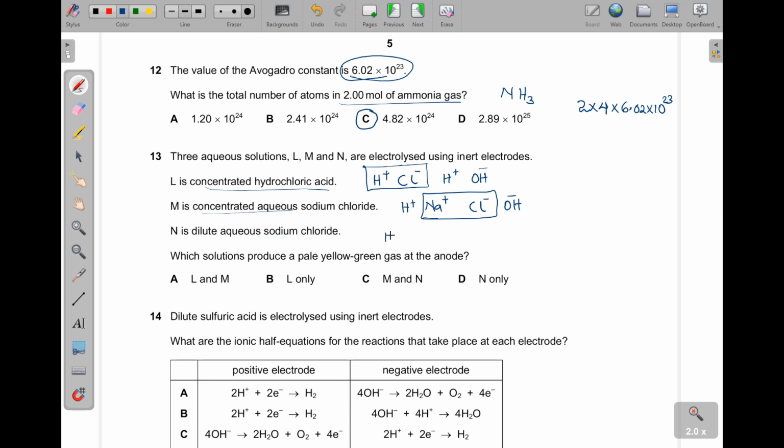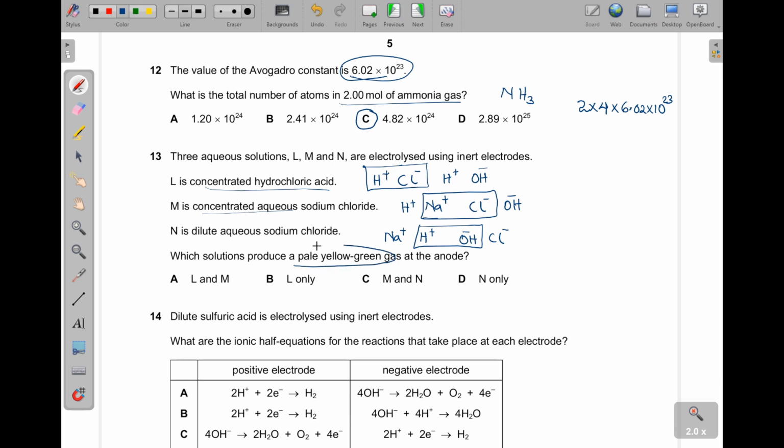So we still have the sodium ions, we have the hydrogen ions, then we have the OH ions from the water, and then the chloride ions. Since it is aqueous, we have more of the water molecules, so these ions are more. Now, which solutions produce a pale yellow gas at the anode?